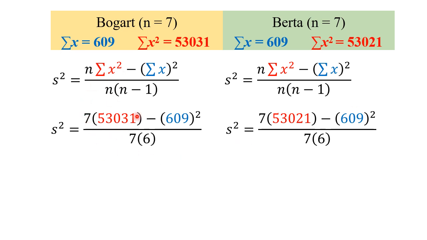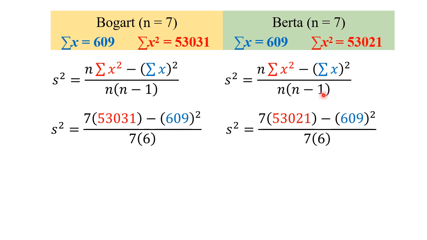So here we have the total of the squared grades of Bogart multiplied by 7 because there are 7 grades, minus you square now the total of Bogart's grades, which is 609. Then 7 here is the number of subjects times n minus 1. So you have to subtract 1 from 7.